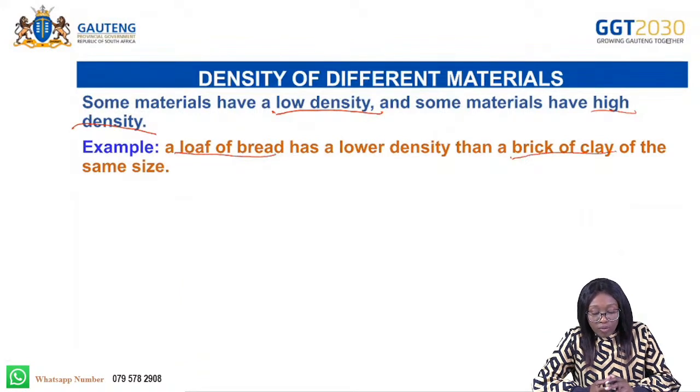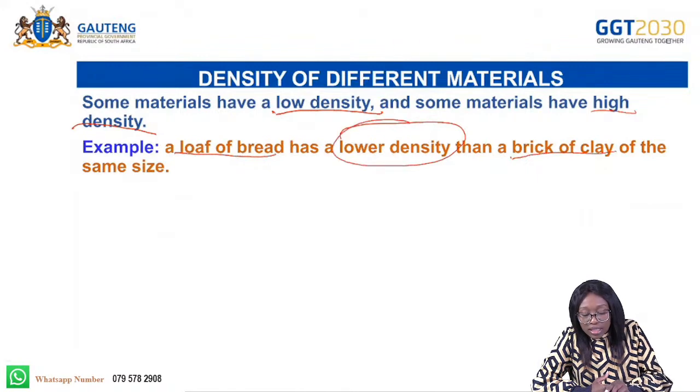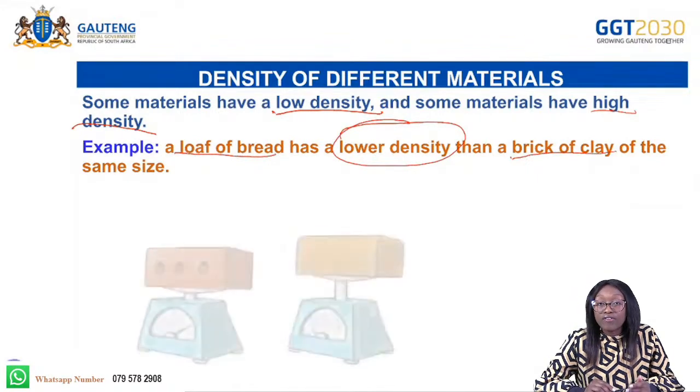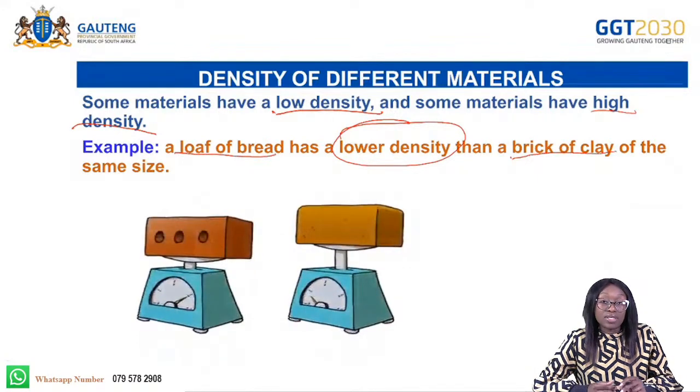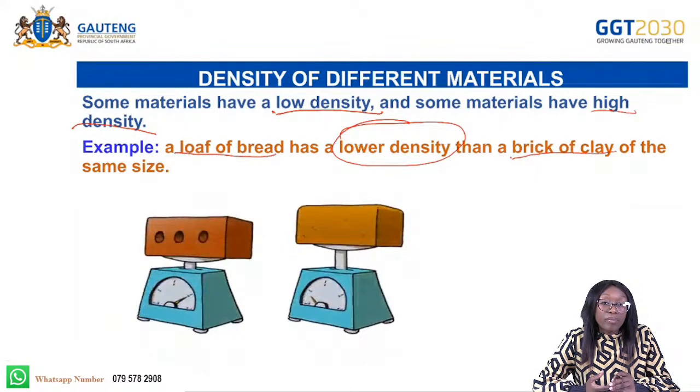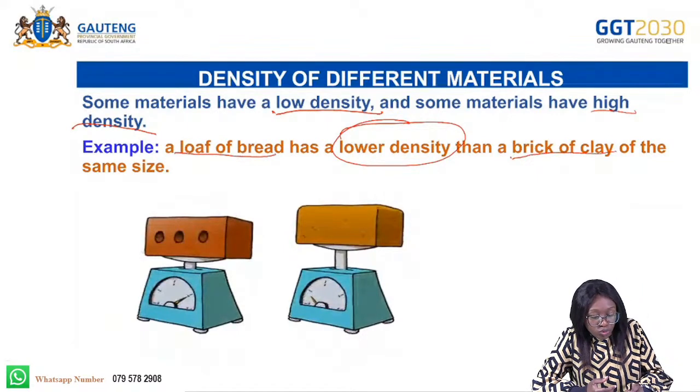The loaf of bread has a lower density than the clay brick, even though they are the same size, or even though they have the same volume. Remember, how do we calculate volume? We'll say length multiplied by width and by height.